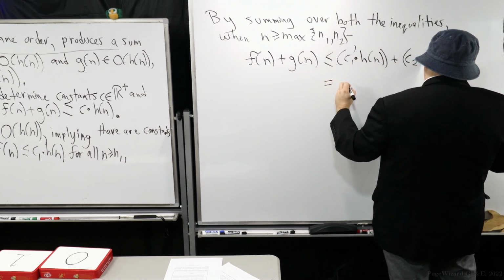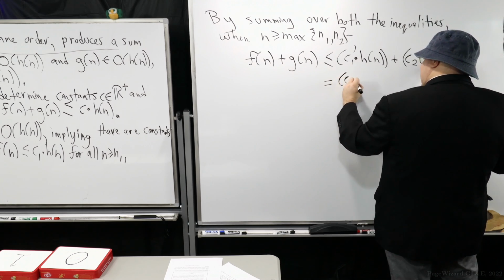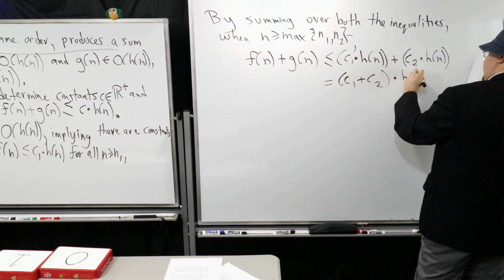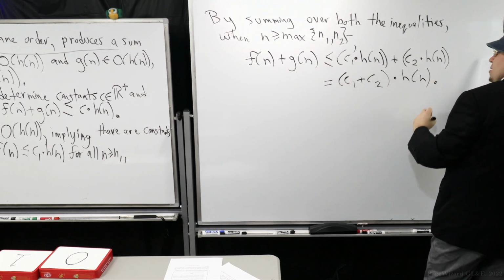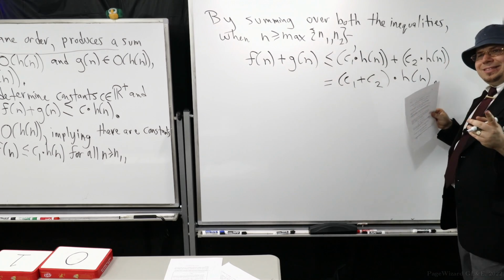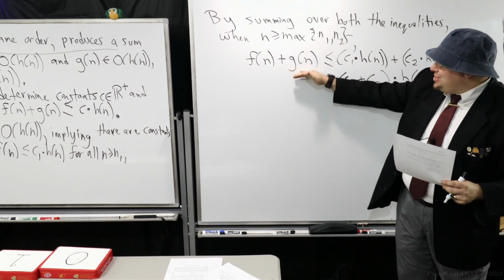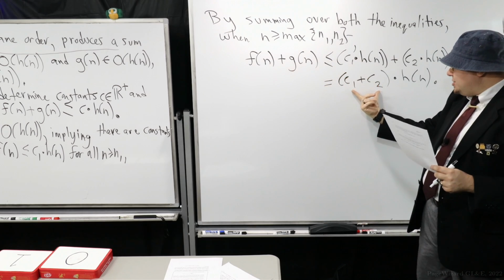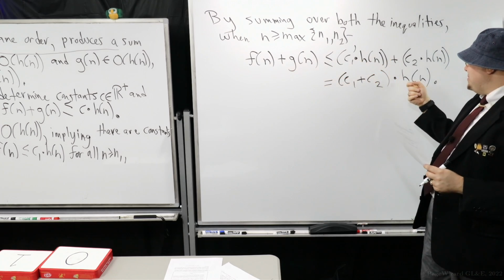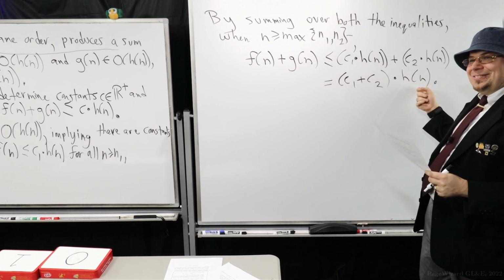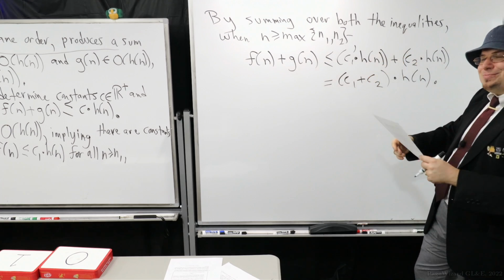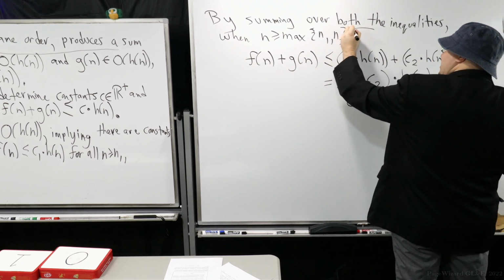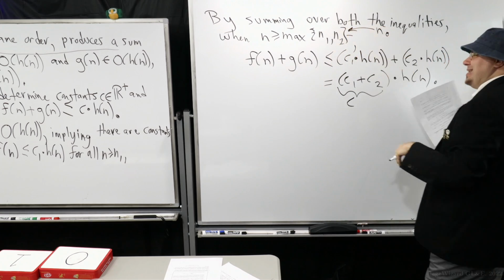So now I have C1 plus C2 times h of n. It's f of n plus g of n is less than or equal to C1 plus C2 together times h of n. But this looks just like what we wanted to prove, right? You could just make this C, and you just make this n0, and you're done, right?